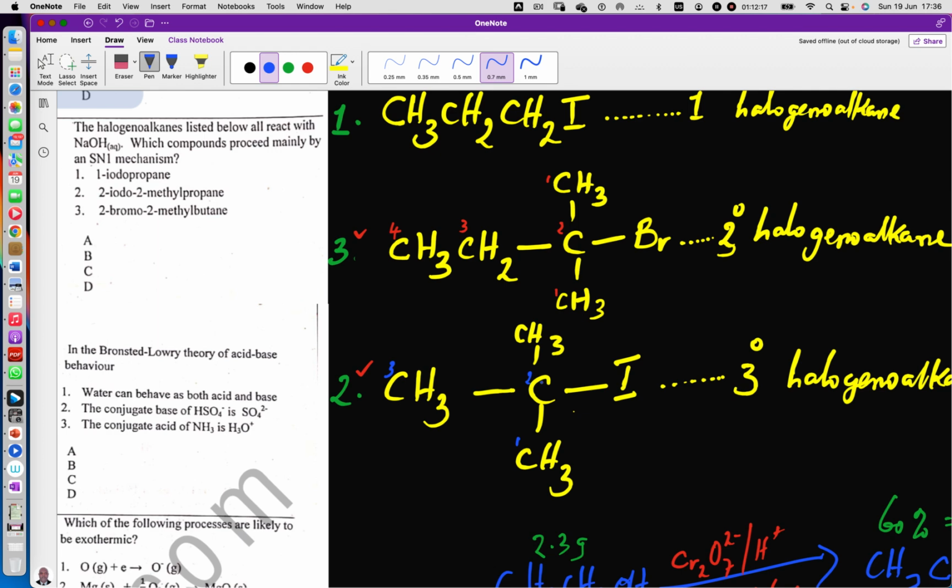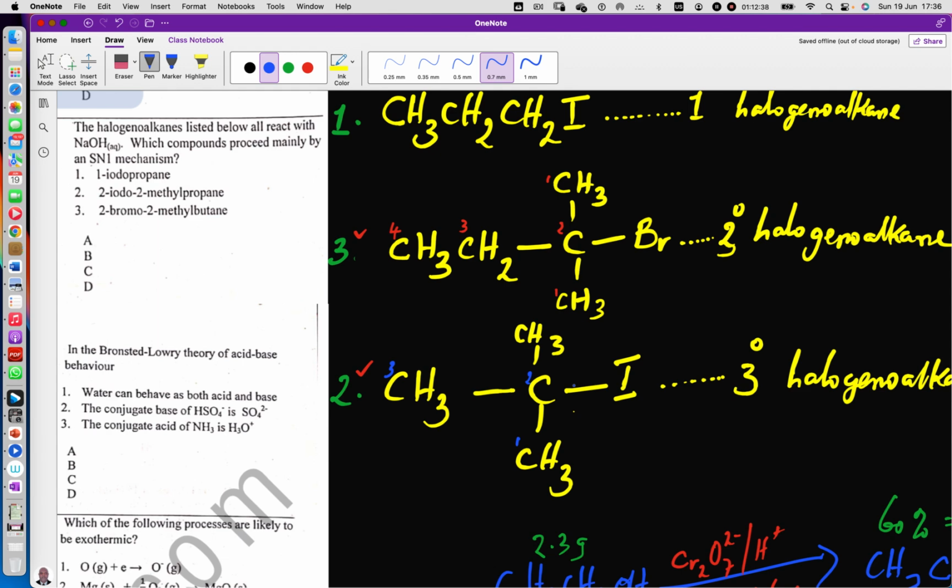So this is a tertiary halogen alkane. This is also a tertiary halogen alkane. So we said that only tertiary and secondary halogen alkanes will undergo the SN1 mechanism.